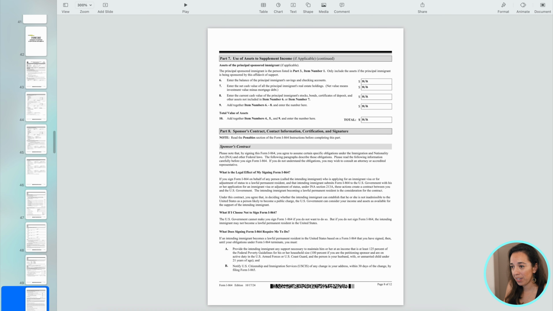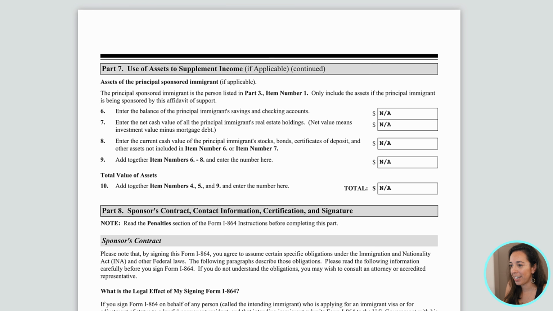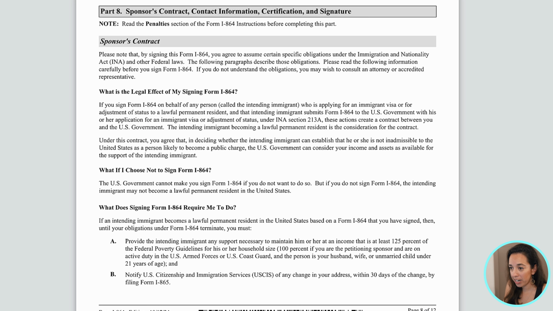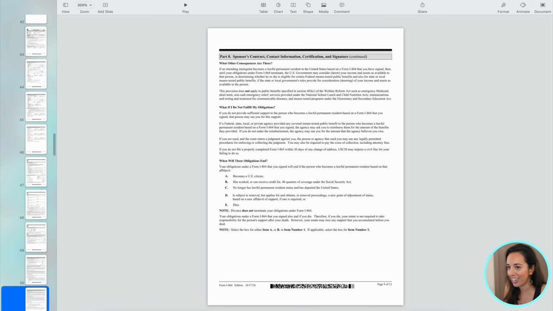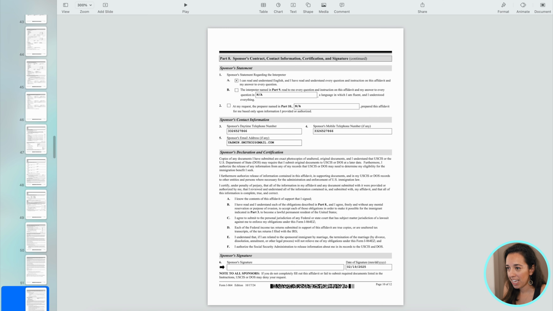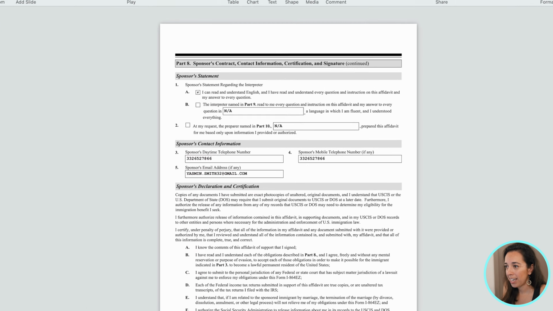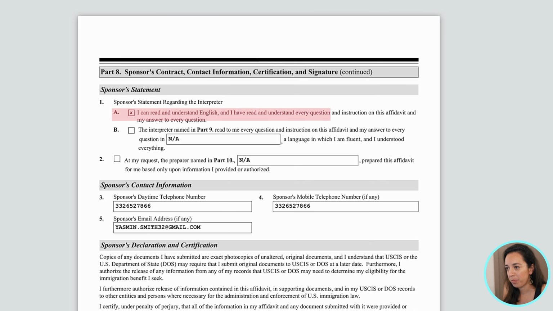On page 8, as you can see, we added NA as this does not apply to us. Part 8 starts stating some information regarding the I-864 contract and continues throughout page 9. And then on page 10, it asks for the sponsor's acknowledgement.